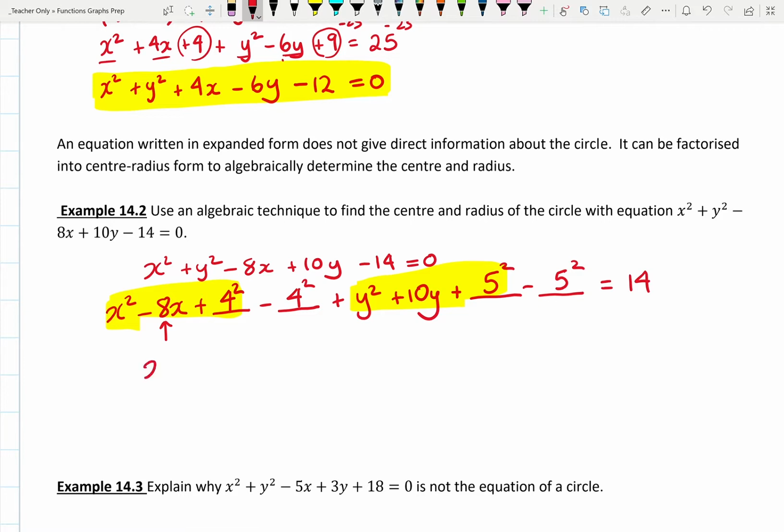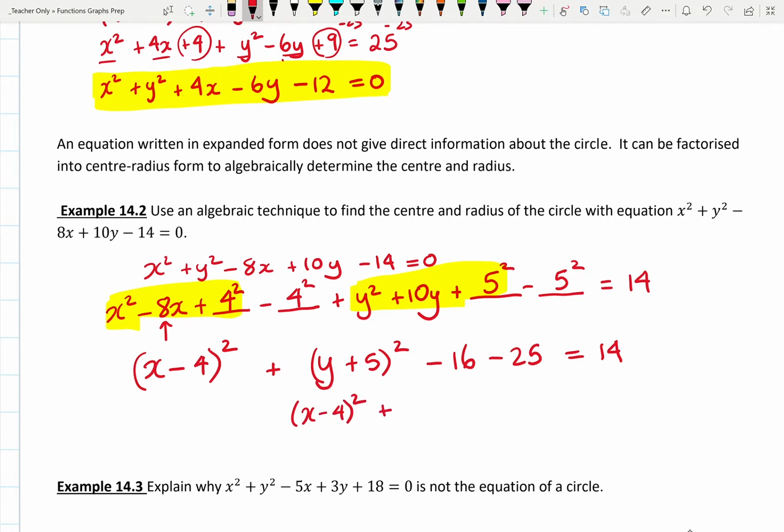So this is going to give us (x - 4)² + (y + 5)². I haven't done anything with the minus 4 squared, and I haven't done anything with the minus 5 squared, and that's still 14. So from there, all that's left is to collect our constants over on the right-hand side. So it's going to be (x - 4)² + (y + 5)² = 55.